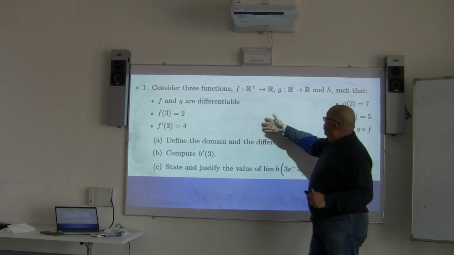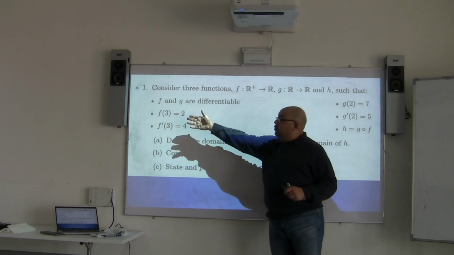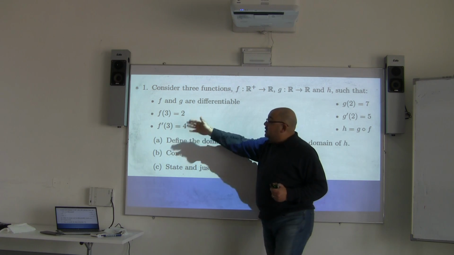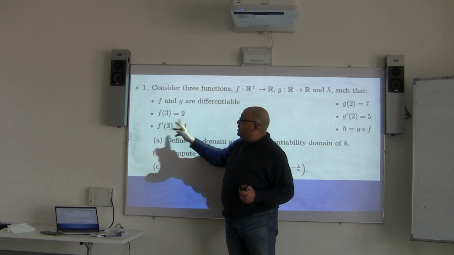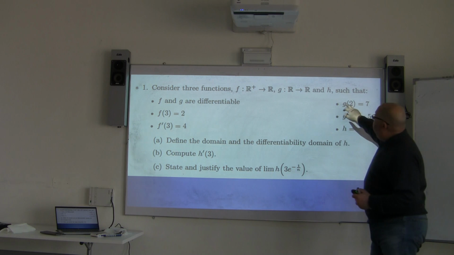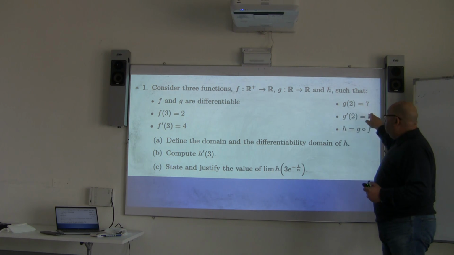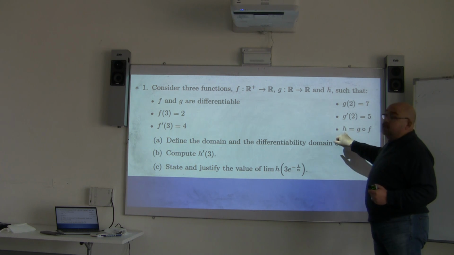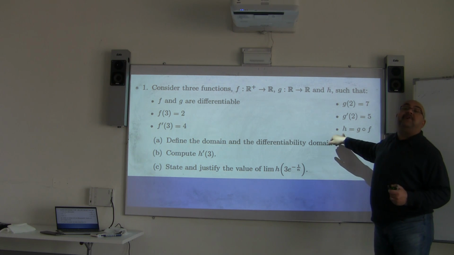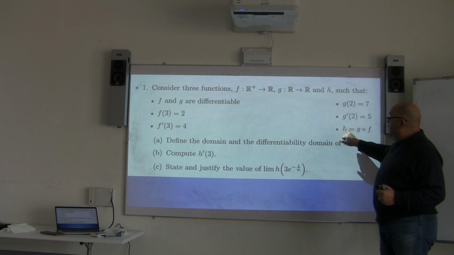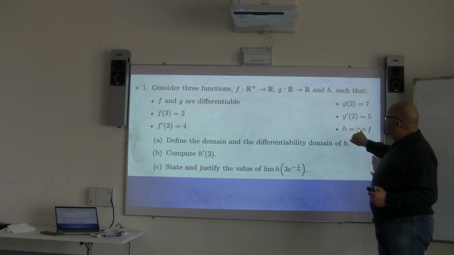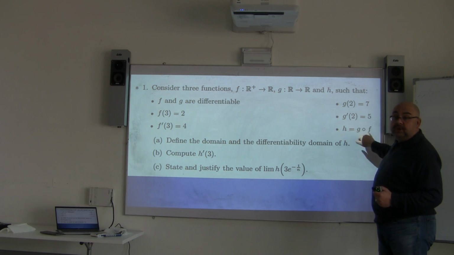It is given all these values: the value of F at 3 is equal to 2, the derivative at 3 is equal to 4, the value of G at 2 is equal to 7, the derivative at 2 is equal to 5, and it gives you now the definition of H. H is the composite function G composite F.